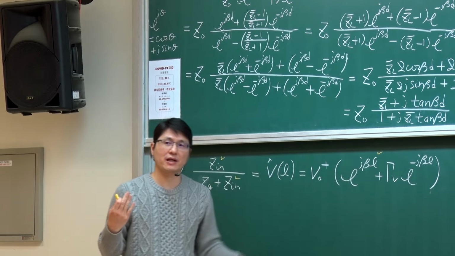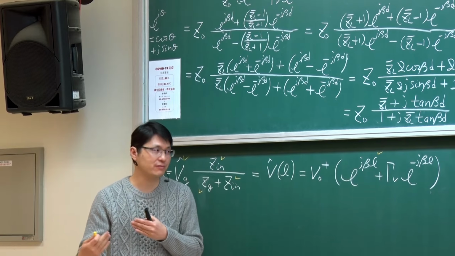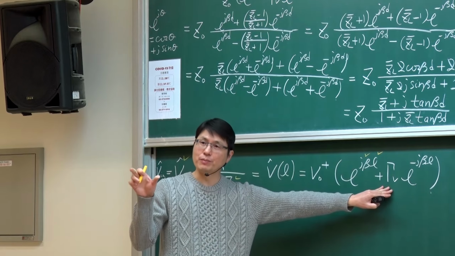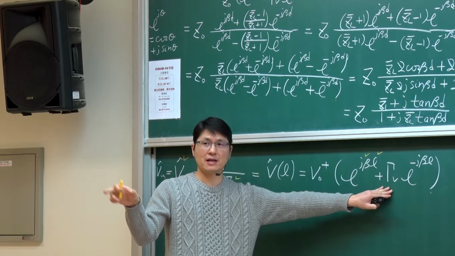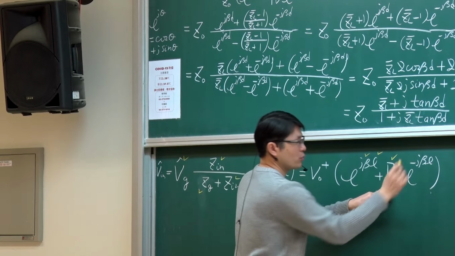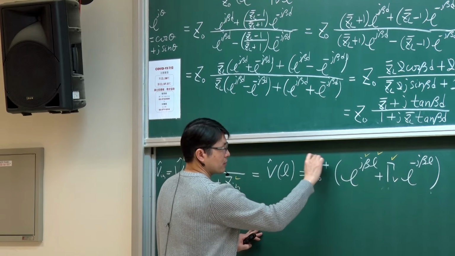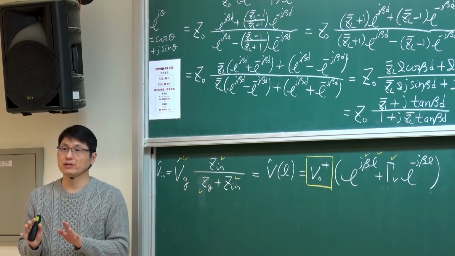Knowing my transmission line means I know beta, right? I know the effective wavelength. I know beta. And I know my load. Once I know my load impedance, I know my reflection coefficient. So the only thing unknown here can finally be solved.